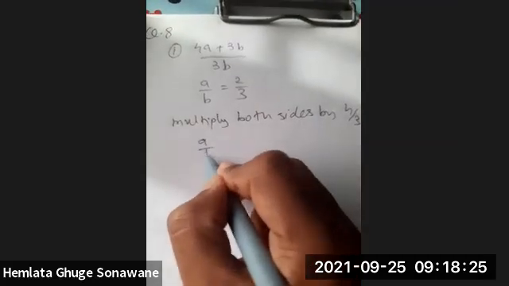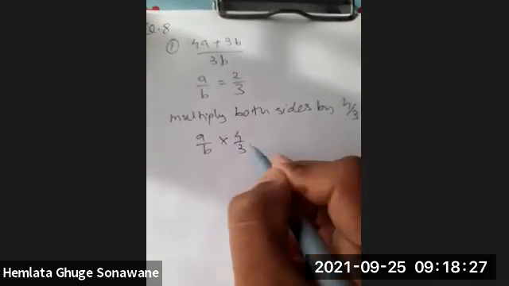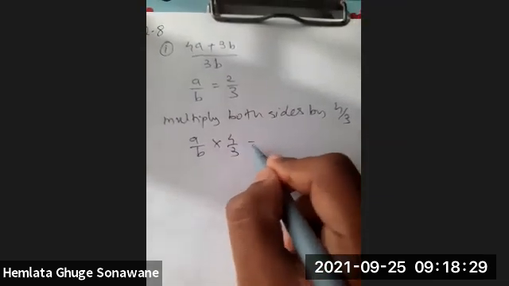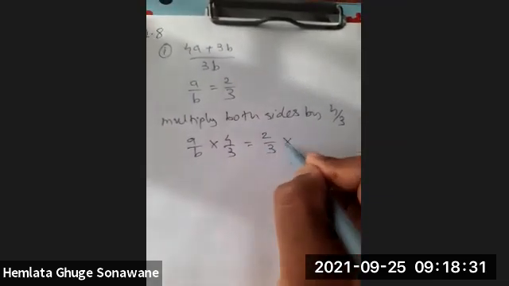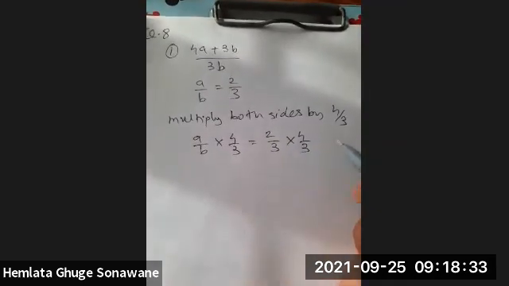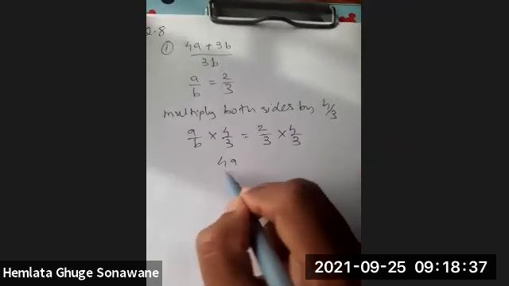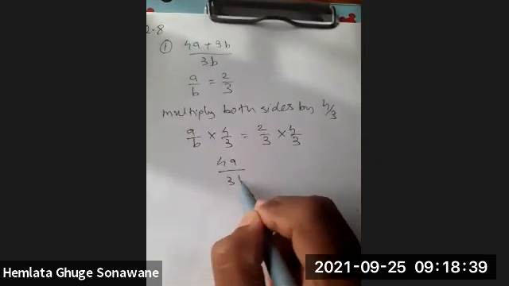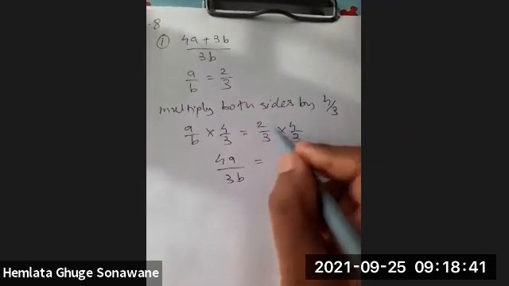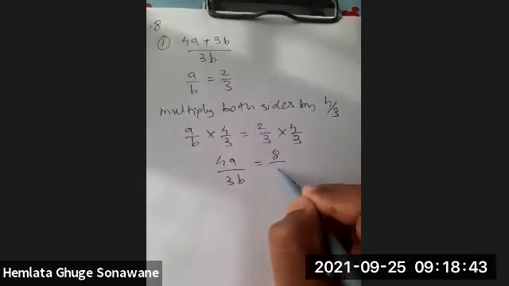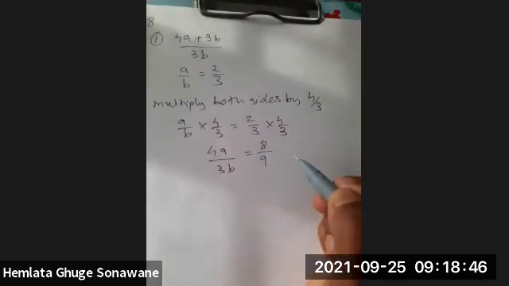So it becomes A upon B into 4 upon 3 is equal to 2 upon 3 into 4 upon 3. So here it becomes 4A upon 3B is equal to 8 upon 9.